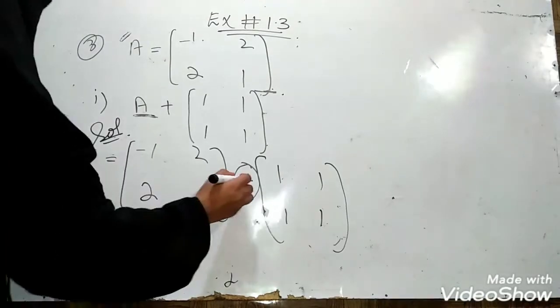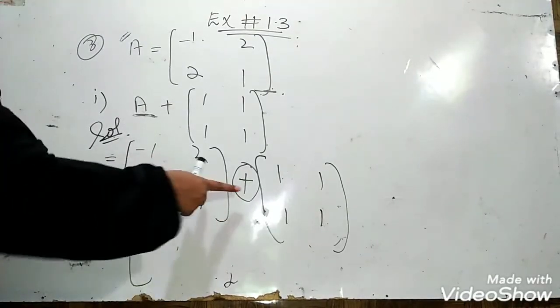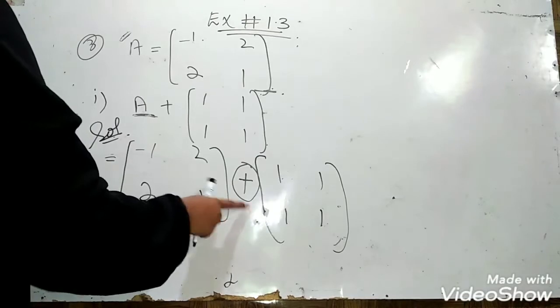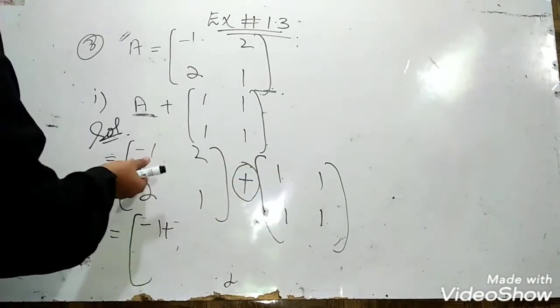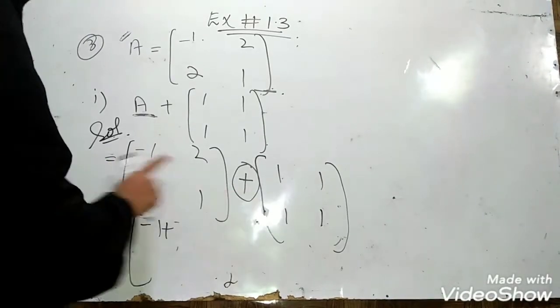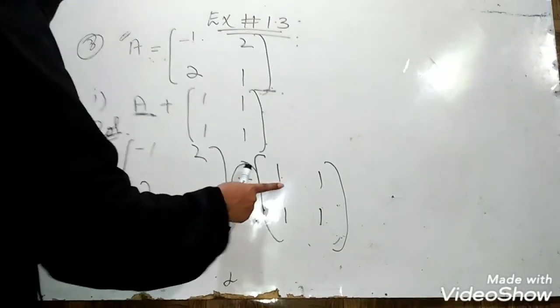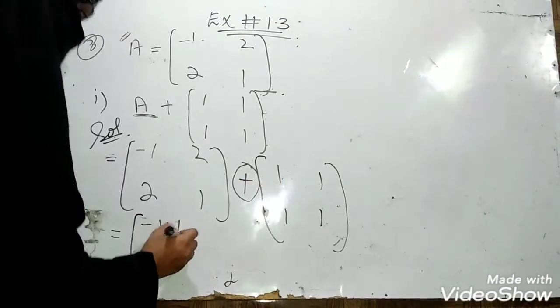In order to add matrices, we have to add corresponding entries, as -1 plus -1 has corresponding entry 1.